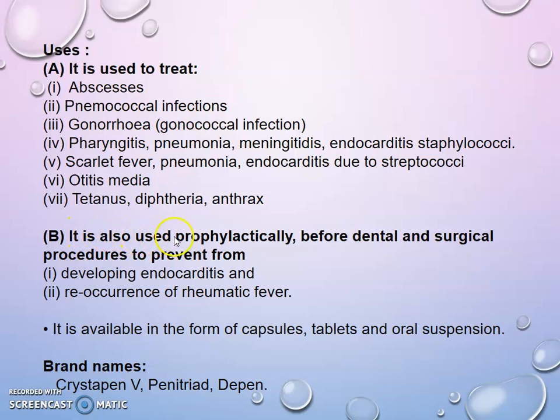It is also used prophylactically before dental and surgical procedures to prevent developing endocarditis and recurrence of rheumatic fever. It is available in the form of capsule, tablet and oral suspension. Brand names: Streptafen V, Penitride and Dipen.